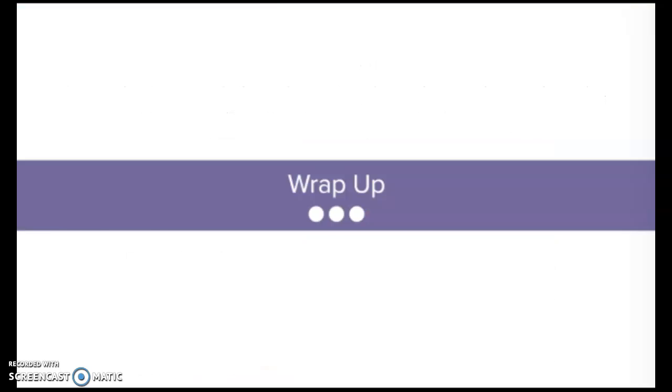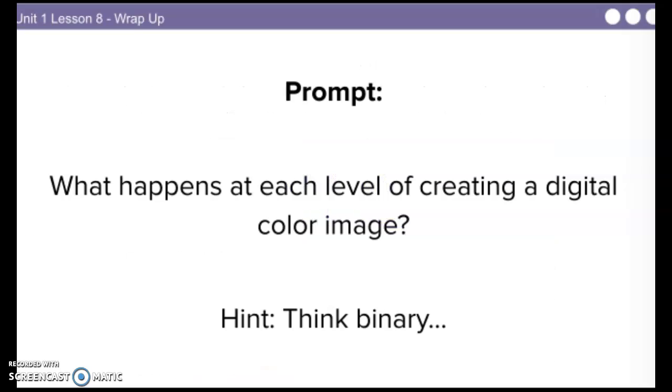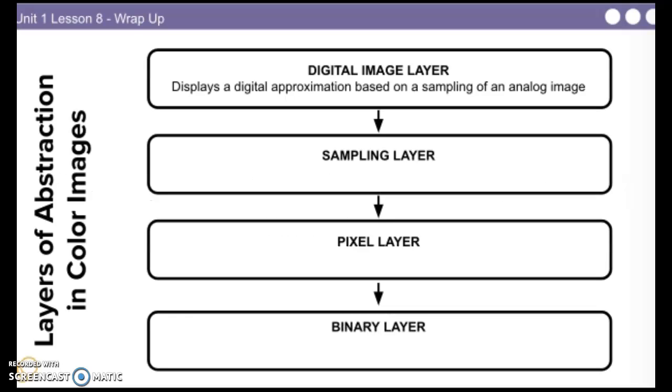You're going to think about what happens at each level of creating a digital color image, and think about binary. So layers of abstraction. Again, go back to how do you make pizza, and what are all the different levels of making a pizza, right?